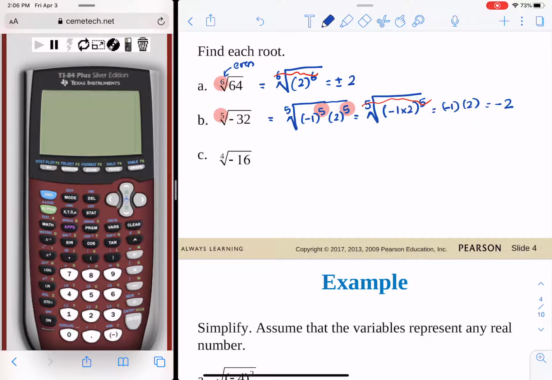Here, what we have is an even root. So since we have an even root and we have a negative number inside the root, the answer here is that it is not a real number.